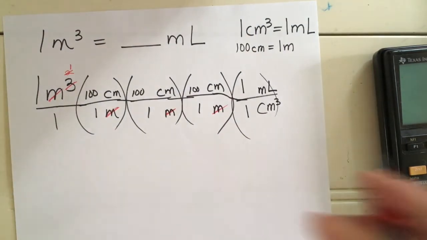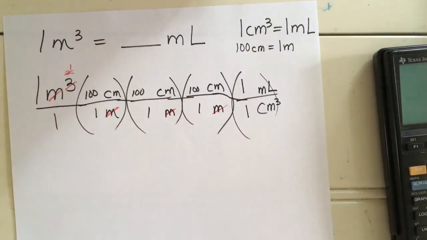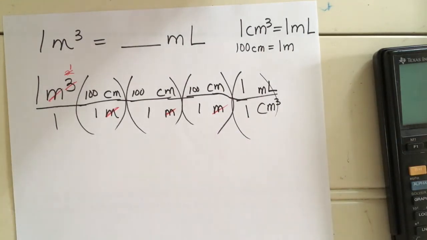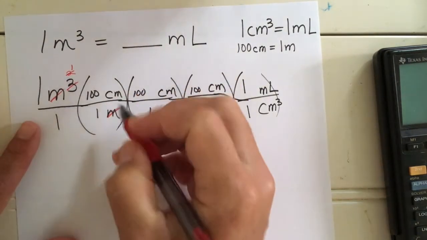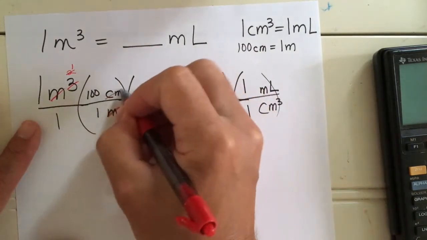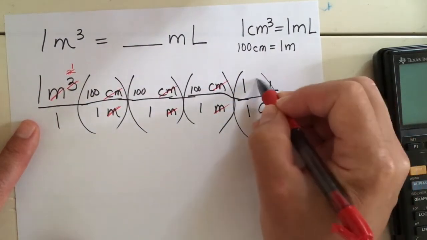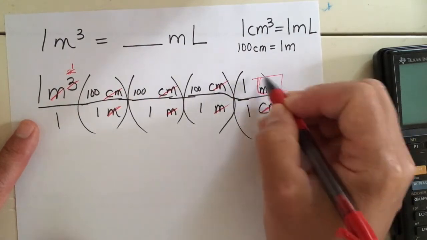So, did I really need that last one? I guess I could just report out, if I knew the centimeter cubed answer, the milliliter answer is going to be the same. But I just wanted to point that out. So anyways, I'm going to go ahead and cancel now my centimeters cubed with this, and I'm left with milliliters. So I am done.